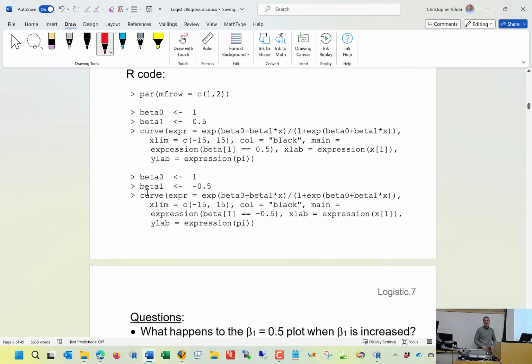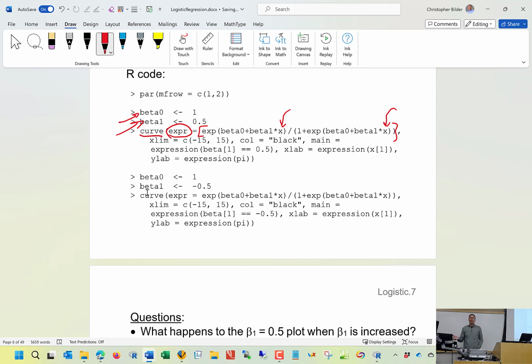How did I do a plot like this? Well, I can simply use the curve function that we've seen before. For the expr argument, which means expression, what's my mathematical expression? I just put in what that logistic regression model would be, where I've set what beta 0 is and what beta 1 is. And if you remember with this function, no matter what you are actually plotting it as a function of, you always have to put x in there, because that's what's on the x-axis.